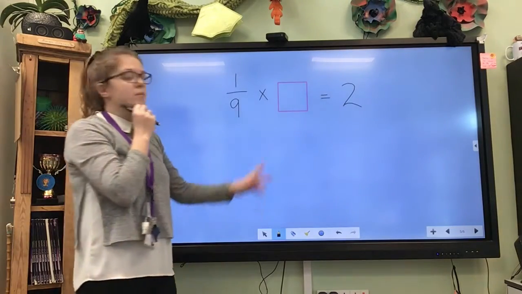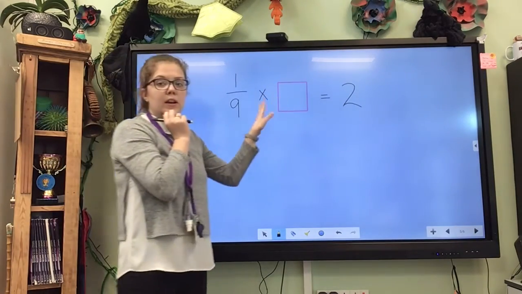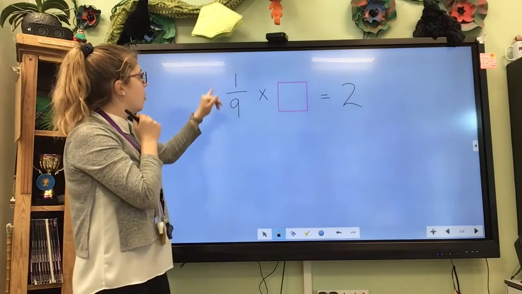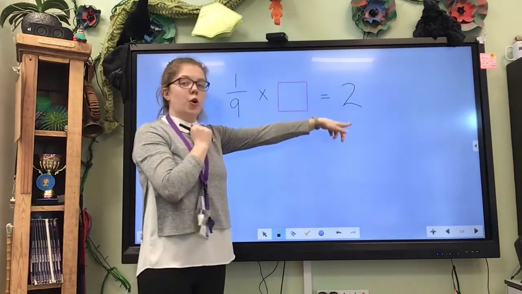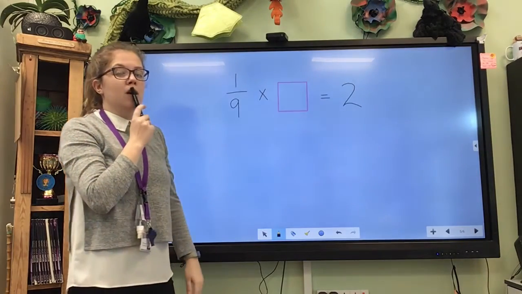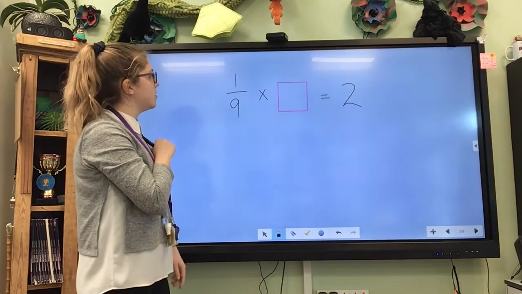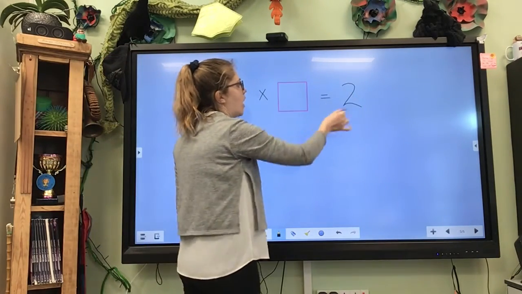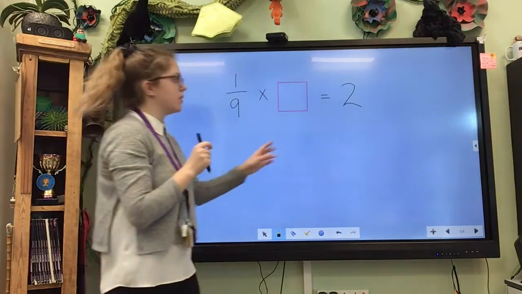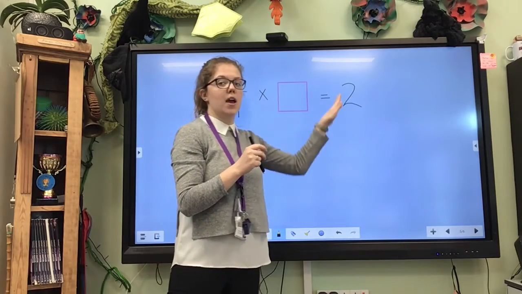This one, we've got a missing number in our number sentence. So I've got 1/9 multiplied by something equals 2, or 2 wholes. What are we going to do for this one? So I think first of all we need to think how many ninths are in our 2 wholes. What is the answer that we're trying to get? What's our end point?